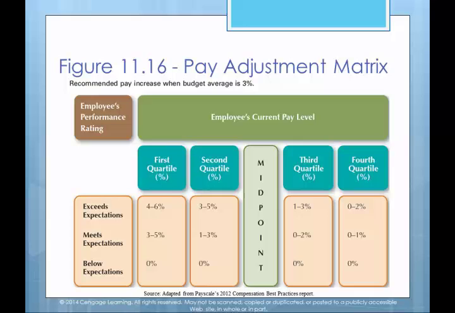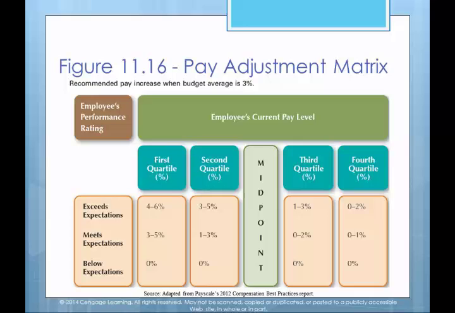They're going to get a 3 to 5% merit increase or pay adjustment, as opposed to me, where I'm in the third quartile and I'm still meeting expectations. I'm going to get 0 to 2%.